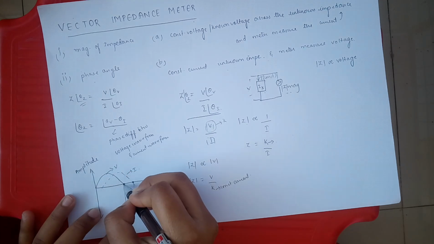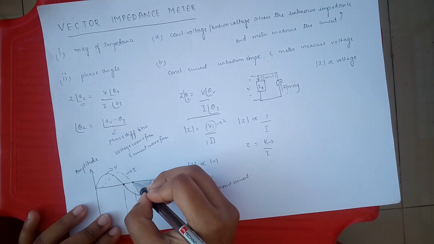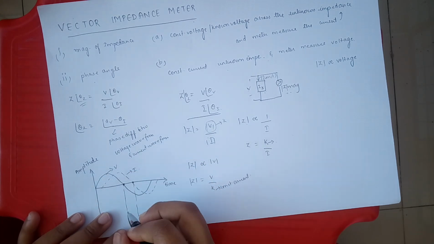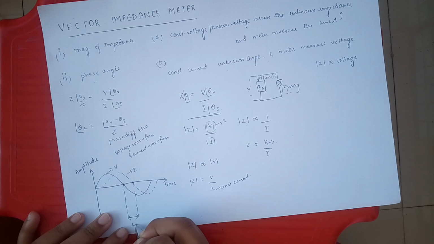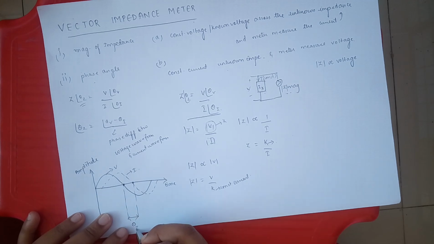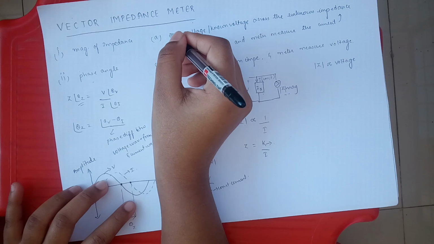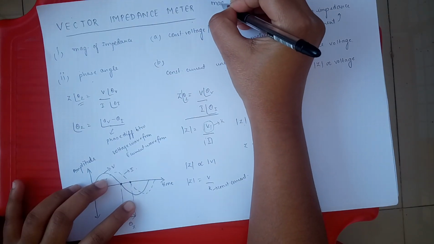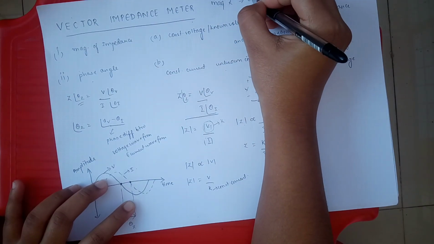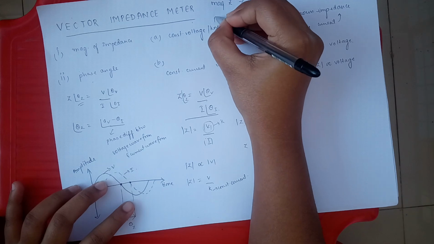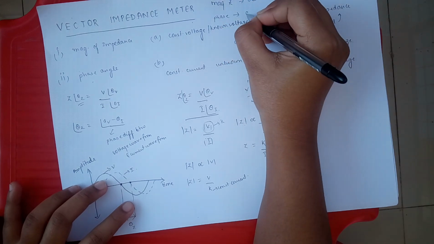So it measures when the voltage waveform crosses zero, and it also measures when the current waveform crosses zero. And then it measures the difference here. This is nothing but your phase angle reading. The meter gives you the magnitude of impedance in ohms and the phase in degrees.